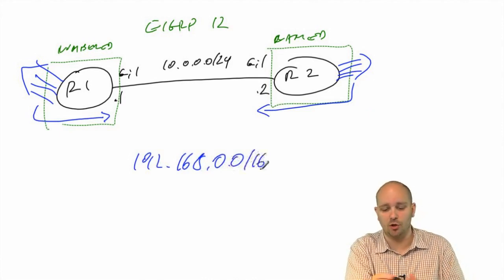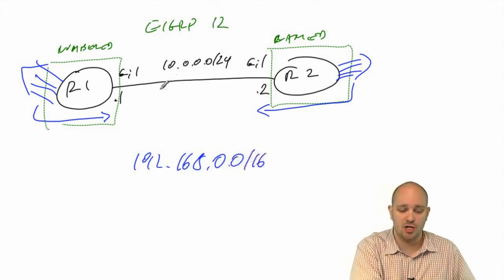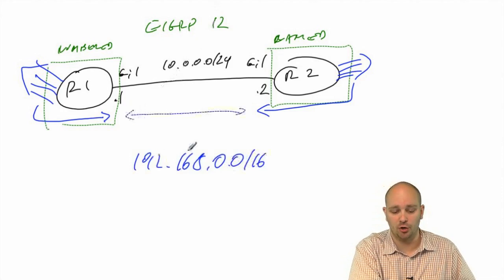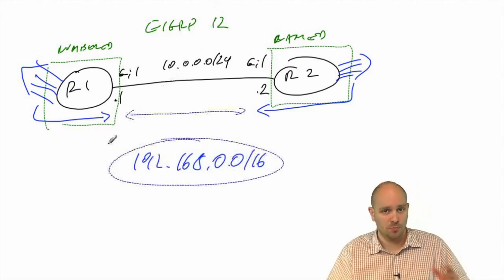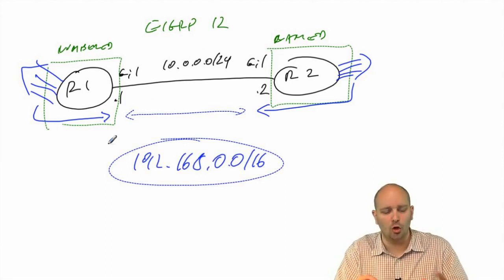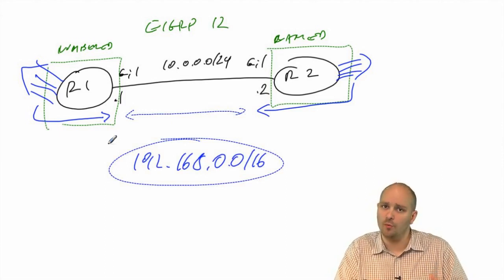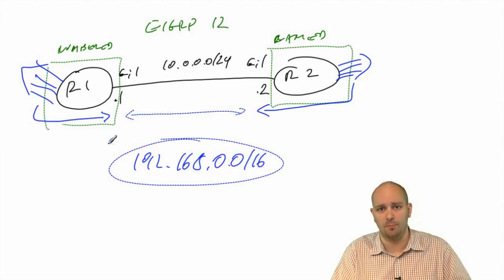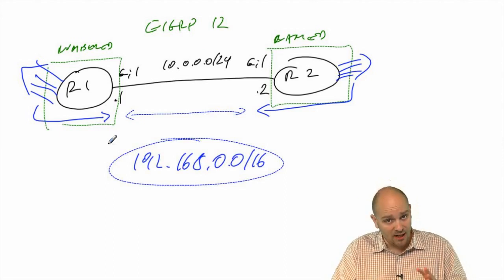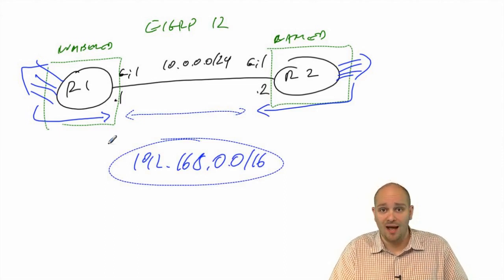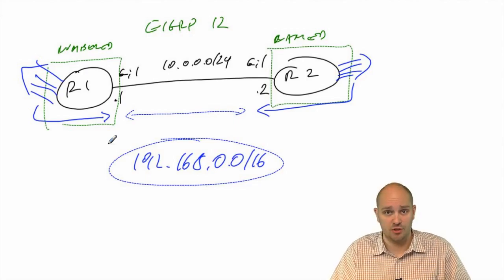So all the routes that we are going to be seeing in this EIGRP exchange between R1 and R2 will be from this range. But as we will see, there's going to be a large number of these subnets. So we are going to look at how we can summarize them, where we can summarize them, and then we are going to explore some of the options. And we are definitely going to look into how discard route loop prevention works.